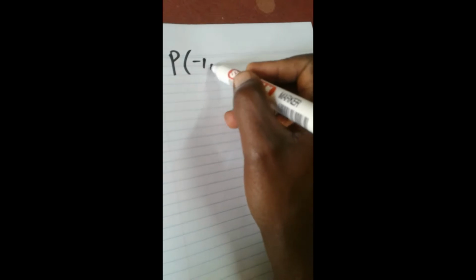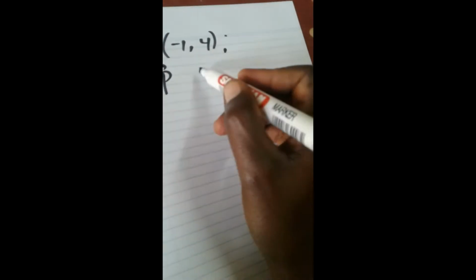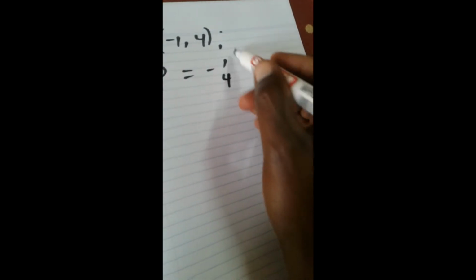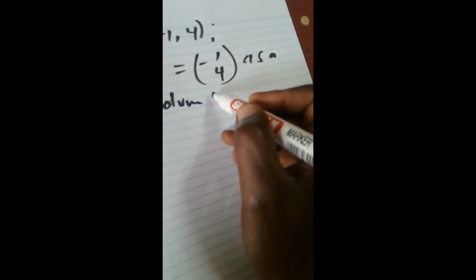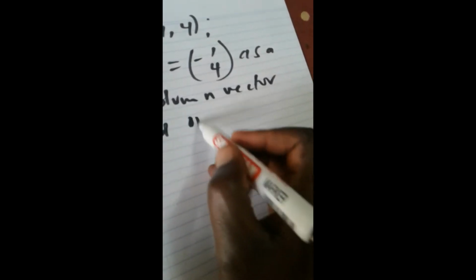So a vector is always described in column form. Say if we are given coordinates, say P (-1, 4), then OP, which is (-1, 4), is a column vector, and OP is a position vector.